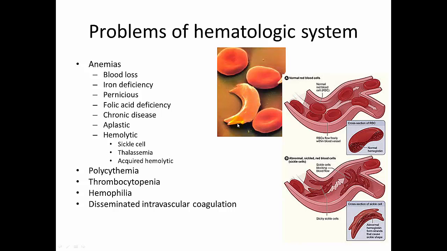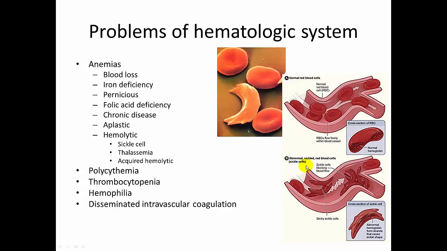So the hemoglobin in sickle cell is different. Normally you can see that the hemoglobin is rounded and it changes and adjusts and molds to the shape of the red blood cell.